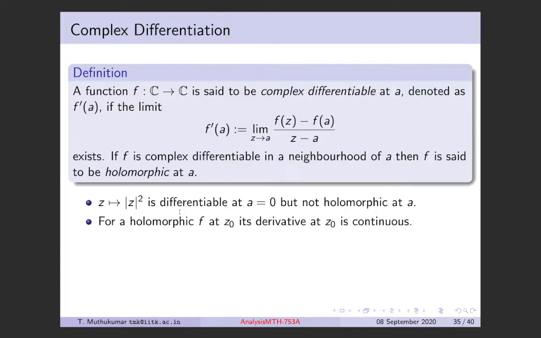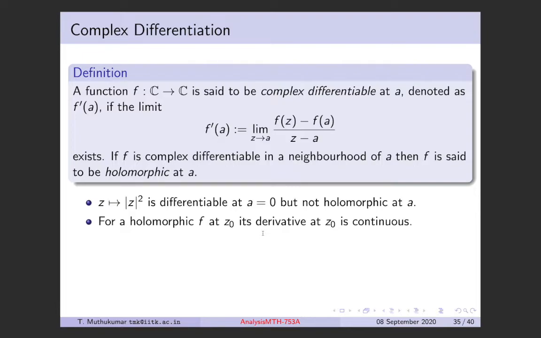The other nice property of this holomorphic function, the fact that you impose this extra condition that it has to be differentiable in a neighborhood of A, actually says that if it's holomorphic at z0, then the derivative is also continuous. So you see, this is not true in the real line.